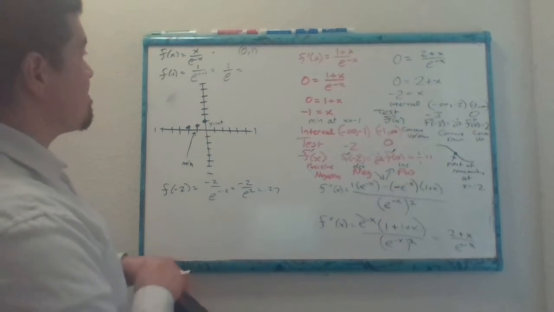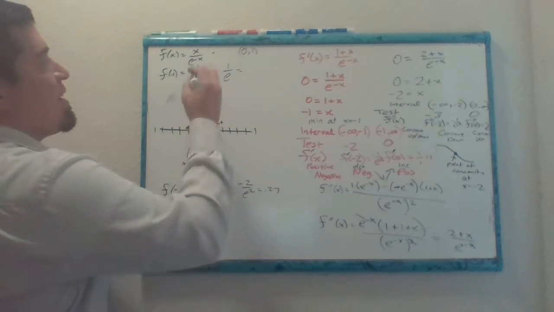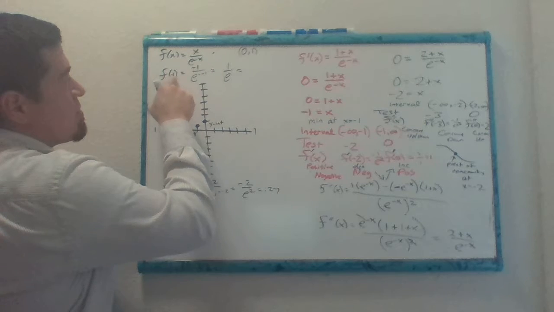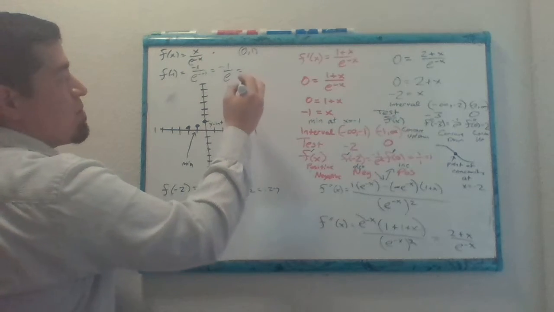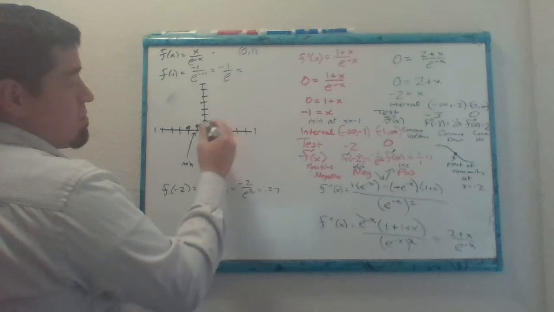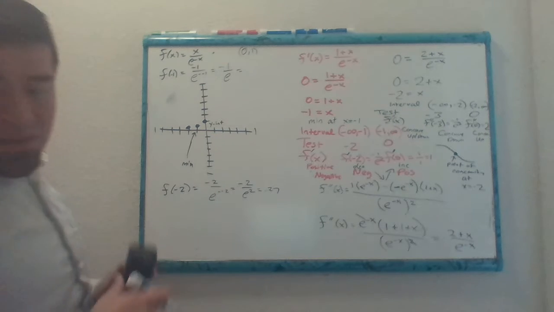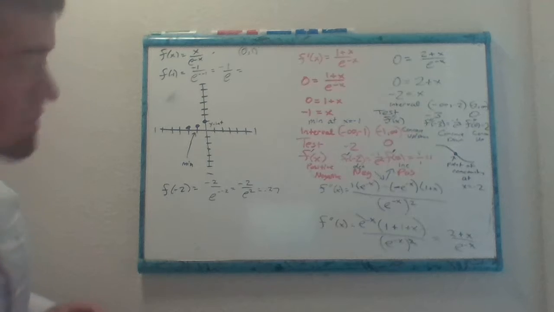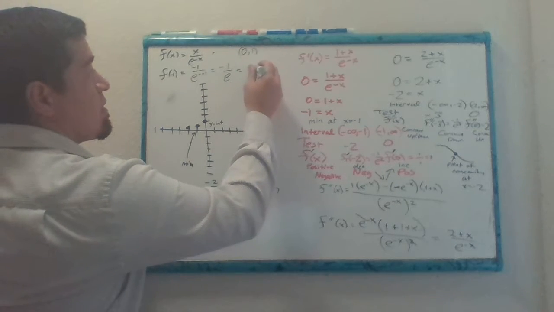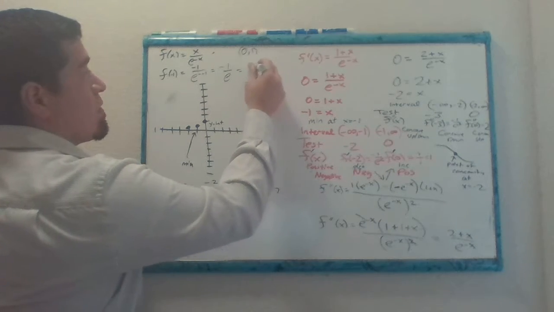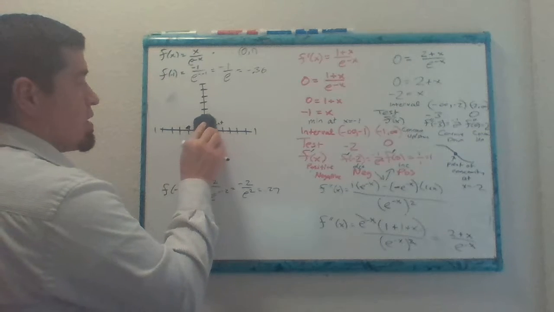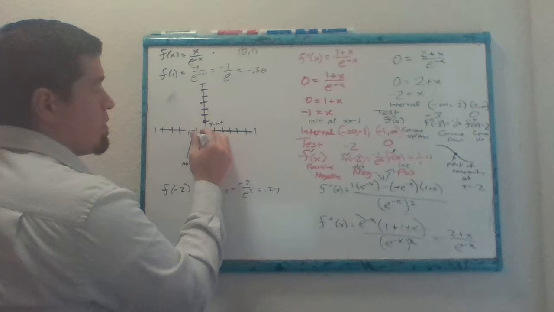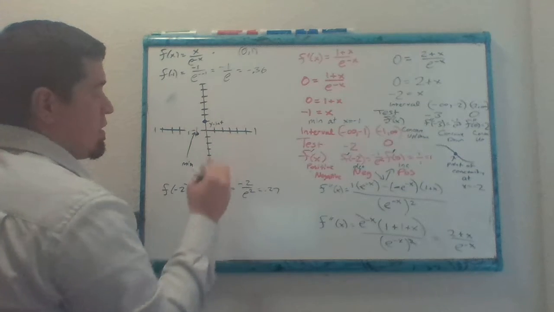Okay, bear with me because I obviously didn't change the top here. I should have plugged in -1 for x, so that'd make it -1 over e, and the point exactly would be -0.36, or estimated. So I would actually want that point here, below the line.